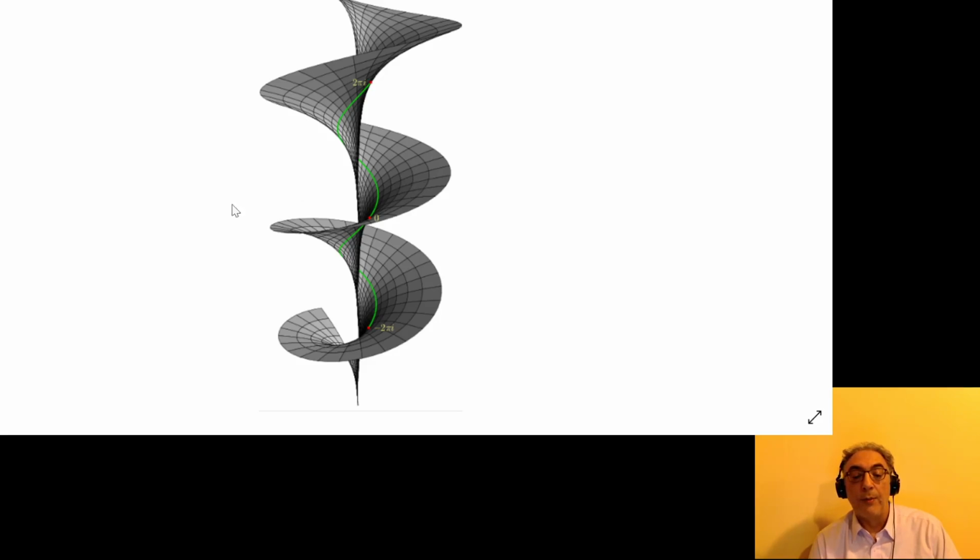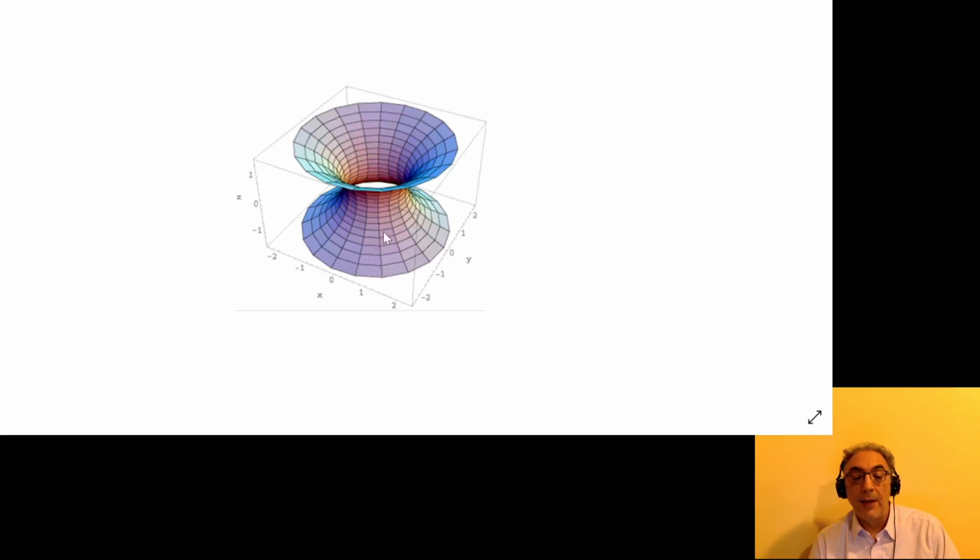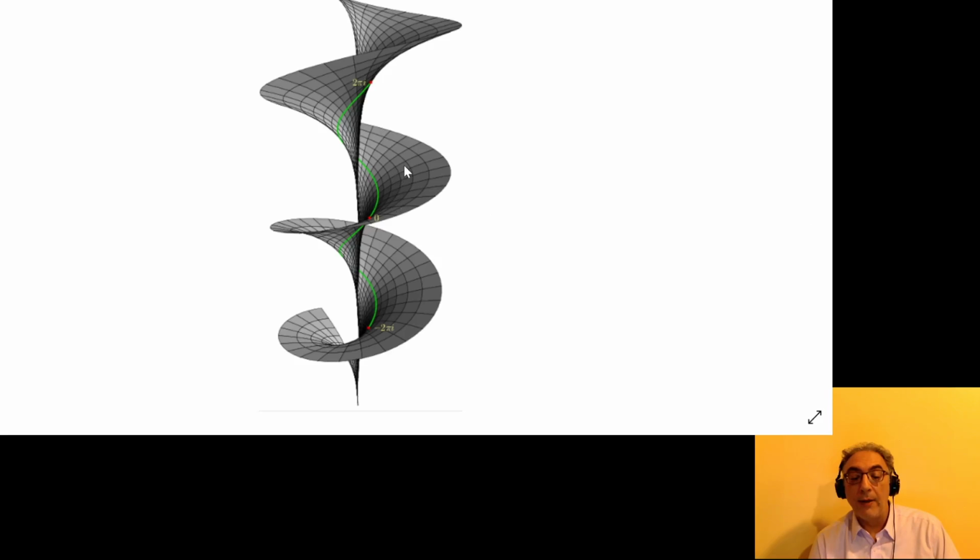So the spectrum of distances locally along the catenoid and the helicoid, they are exactly the same.